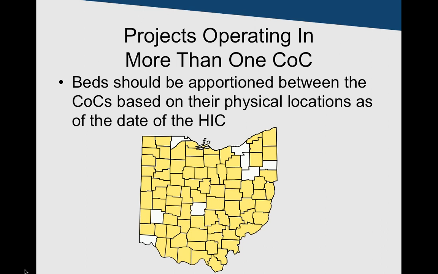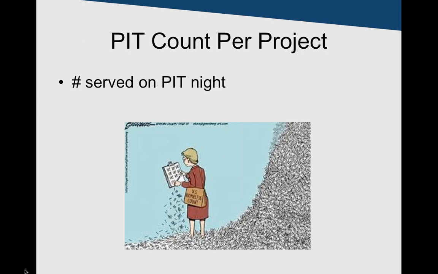So, for instance, if Franklin County was providing assistance for not only Franklin County, but they were also serving Licking and Fairfield, the beds in Fairfield County and Licking County will be counted as part of the Balance of State. The beds that are in Franklin County will be counted as part of Franklin's and Columbus's Continuum of Care.